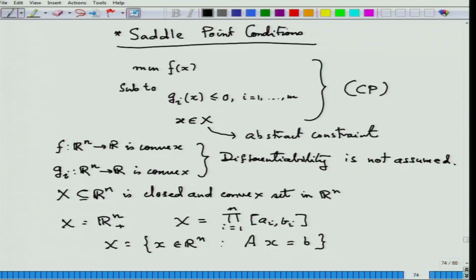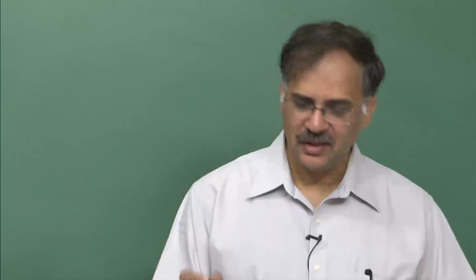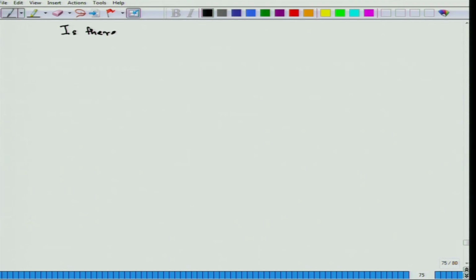Now, the question is, is there a necessary and sufficient optimality condition? You say, okay, what is the problem?